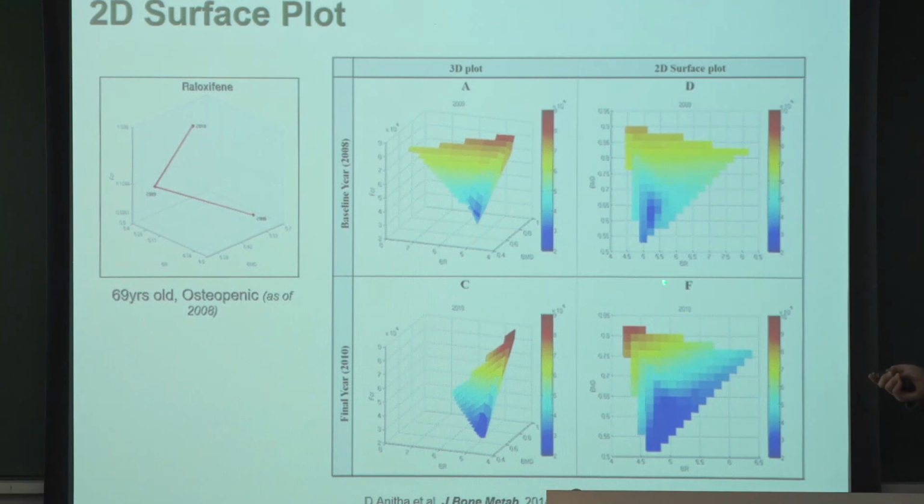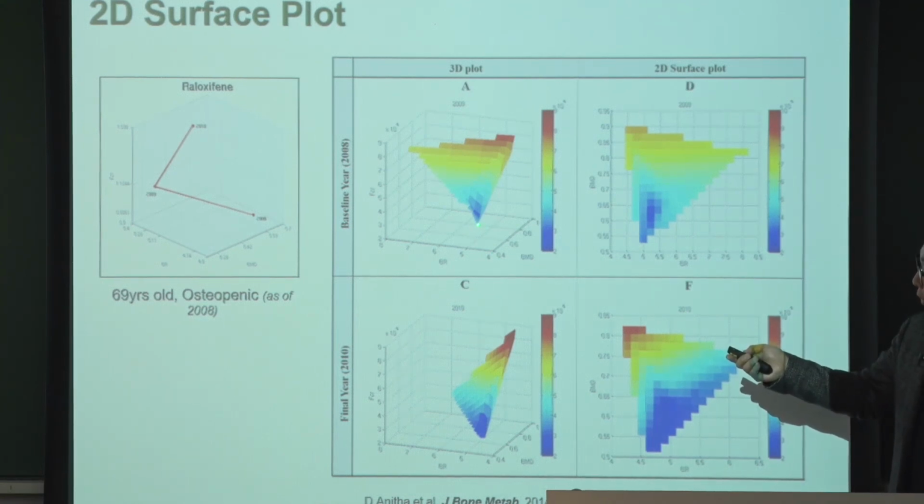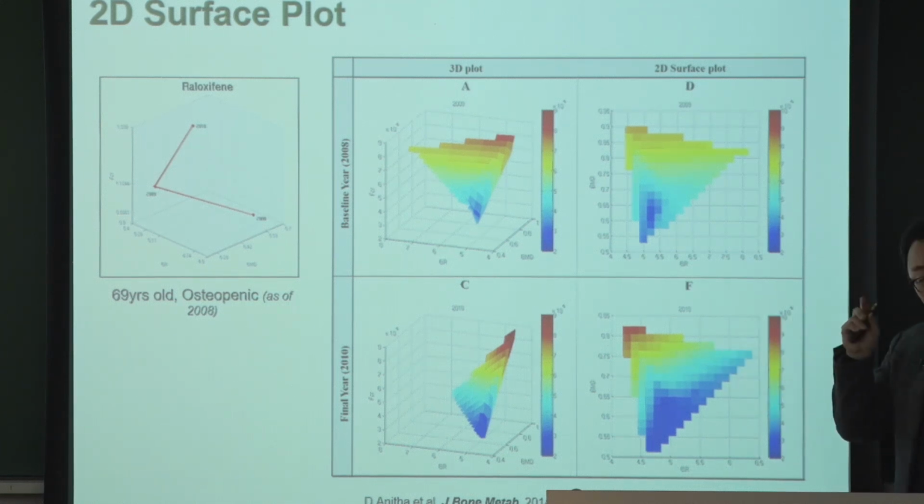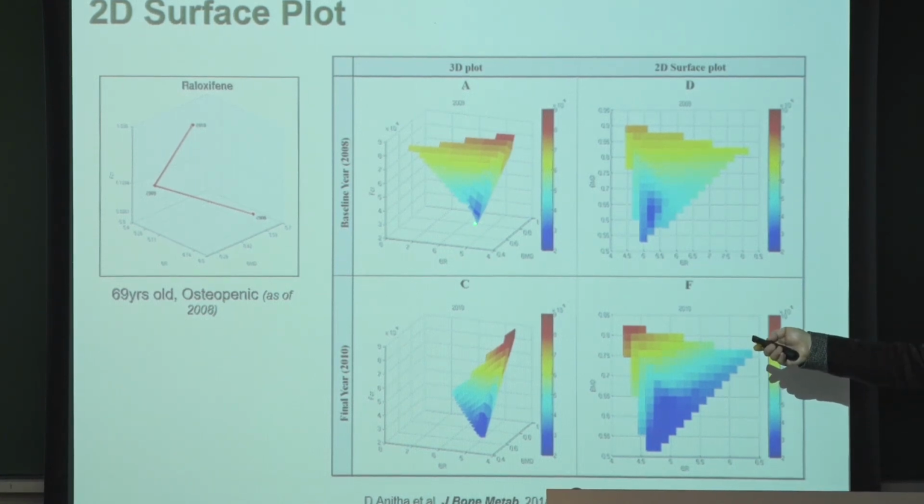If you look at this point in the 3D plot, you probably think the Buckling ratio is 5.5 and this is 0.6. But remember, this is a 3D plot. If you look from the top, the Buckling ratio was actually about 5, so this one actually goes down to this much and 0.55, something like that.